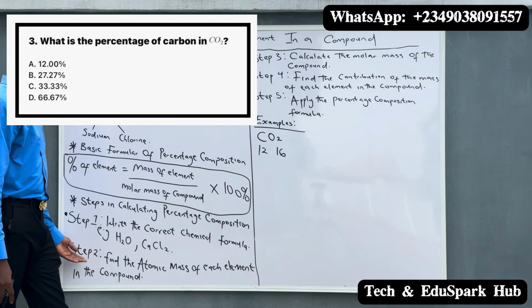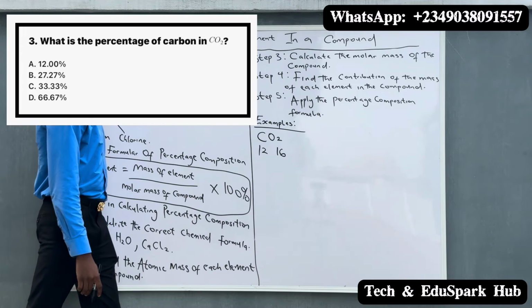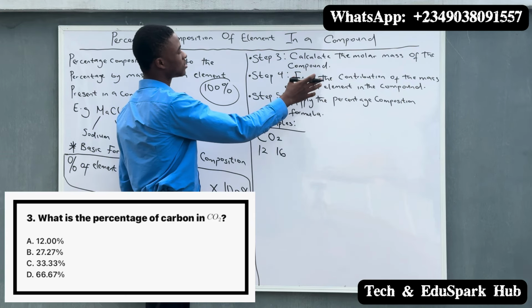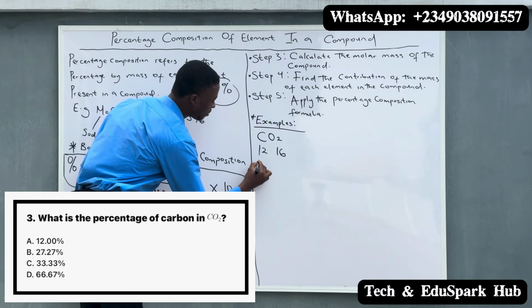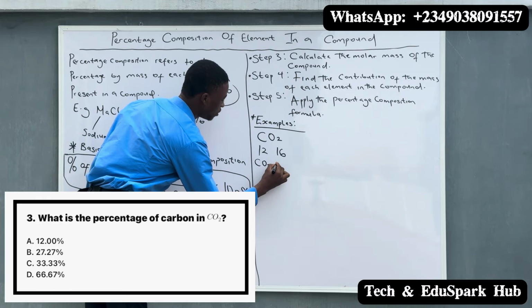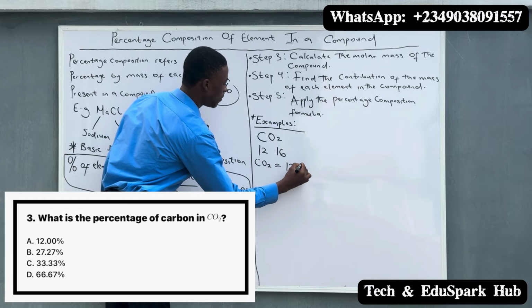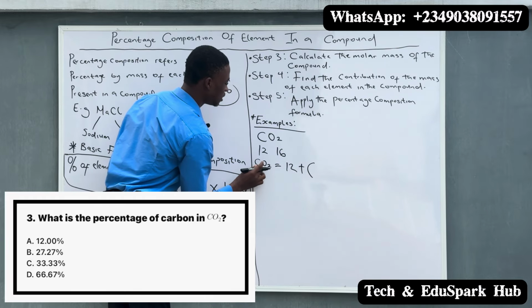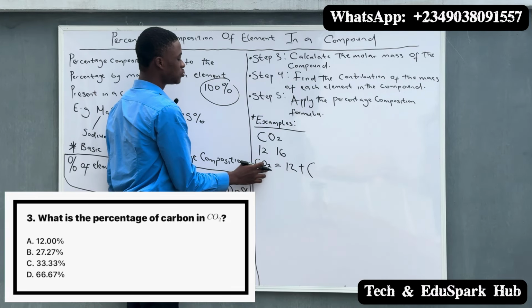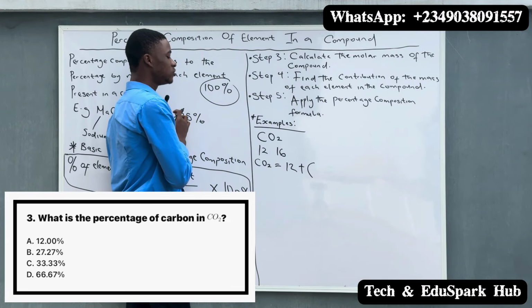So now that we have gotten the atomic mass of each element in the compound, we have to calculate the molar mass of the compound. So to calculate the molar mass of CO2, we just have to find the mass contribution. So this will be 12, which is for carbon, plus open bracket. You can see that this oxygen is having 2, unlike water that we dealt with the other time.